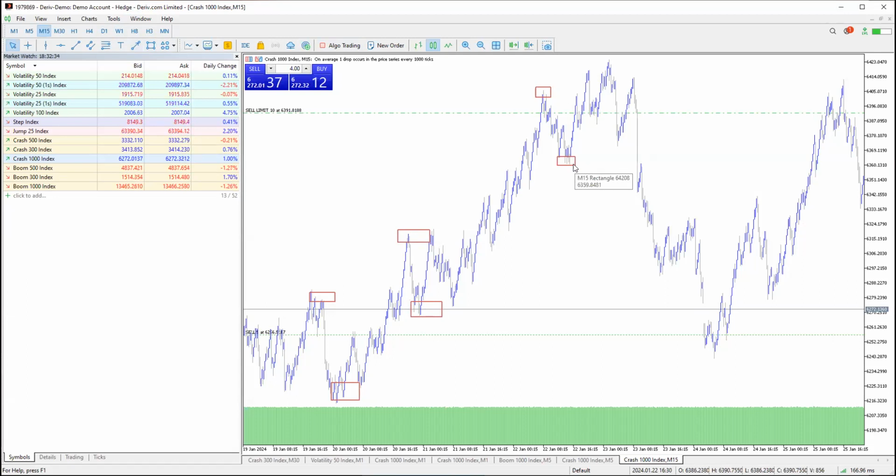But I want you to see something of great importance. This is not a low, right? Some person may say, this is a low. This is not a low. I'm saying it's not a low because it didn't break this high here, which is my valid high for now.